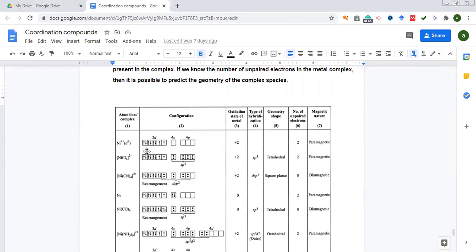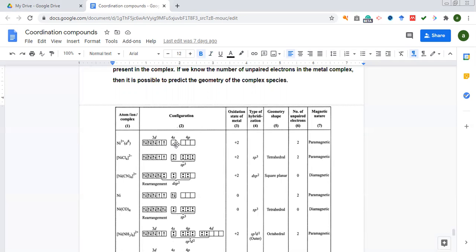One electron orients clockwise, while the other orients anti-clockwise. We assign plus half to clockwise orientation and minus half to anti-clockwise orientation. So if an orbital has two electrons, the spin of that orbital is zero.